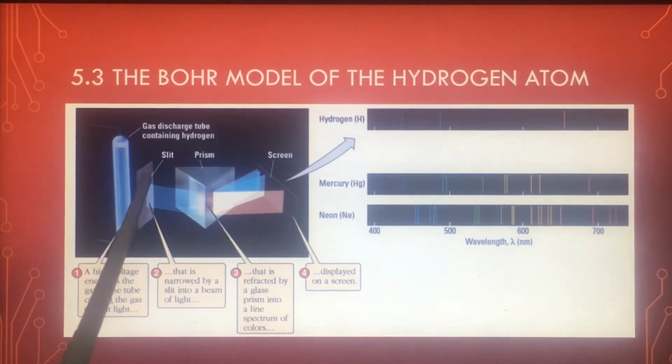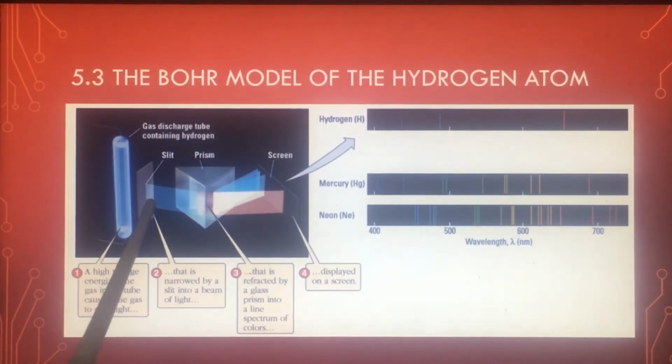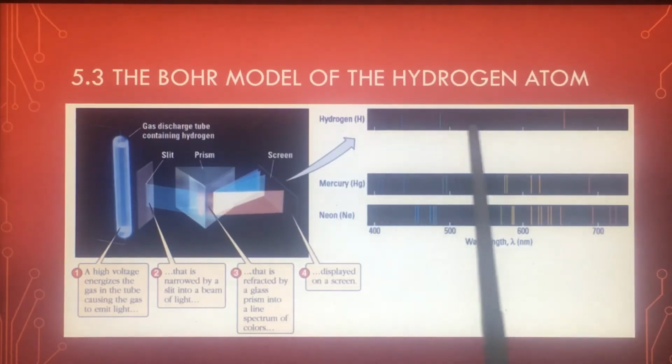It will pass through a slit, and this slit will just give a band of what is emitted, and then if it goes to the prism, it will just show these colors on the screen or in the detection center.